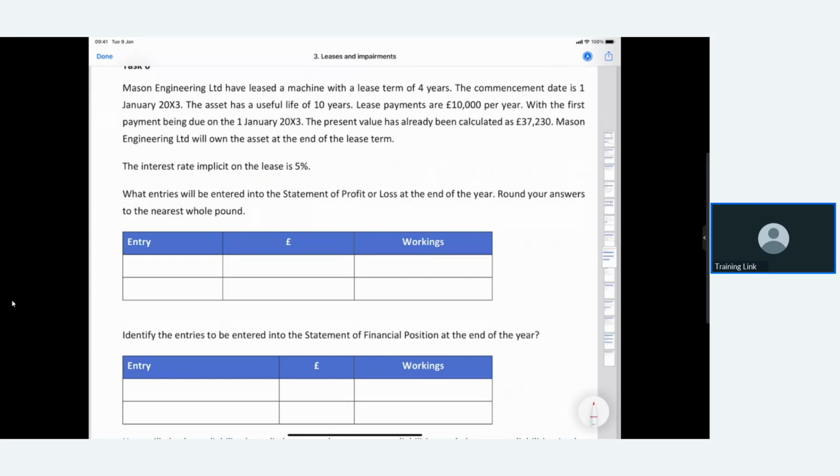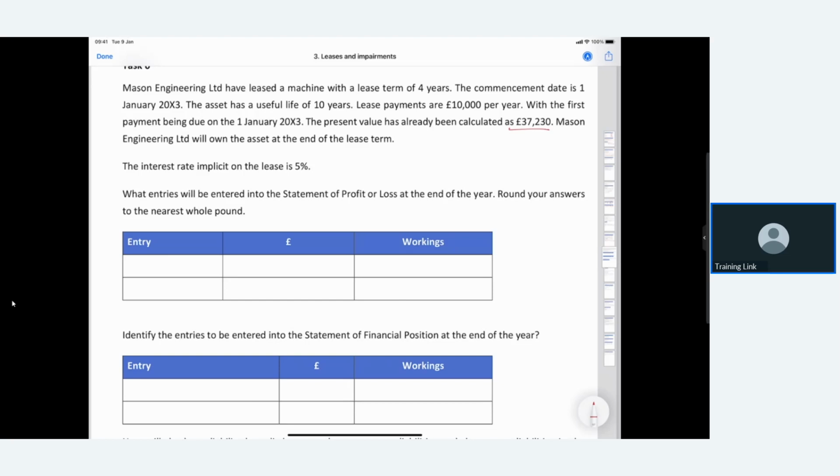So the first payment is due up front. The present value has already been calculated as 37,230. Mason Engineering will own the asset at the end of the lease term. The interest rate implicit on the lease is 5%. What entries will be entered into the statement of profit or loss at the end of the year?